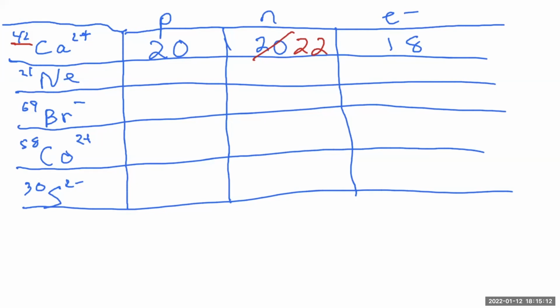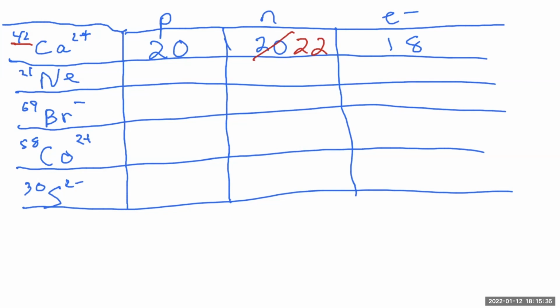And the mass number is on the top left of the element. We write it down with that. And your number of electrons has to be 18. You have 20 positive charges, 18 negative charges. So 20 minus 18 is plus 2. So that's perfect. You see why that has to be 22 though? Yes.